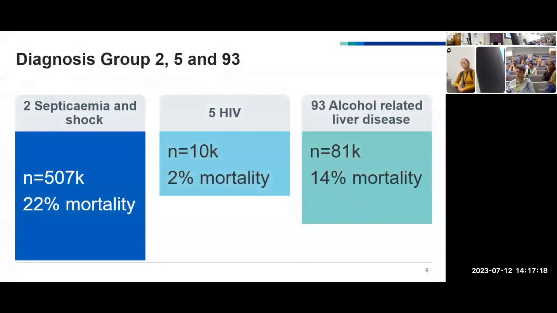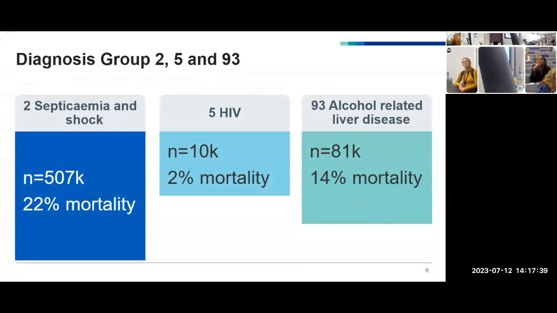In my write-up and this presentation, I'm going to focus on 3 of the diagnosis groups. SHINI splits conditions into 140 models, each focusing on different sets of similar conditions. These were septicemia and shock, mucosal and alcohol-related liver disease.